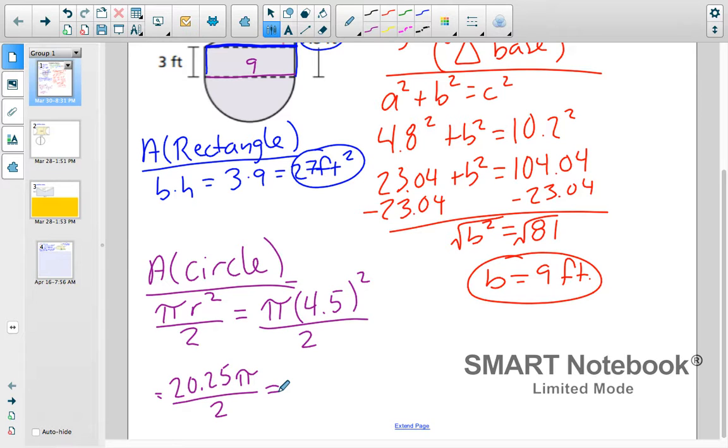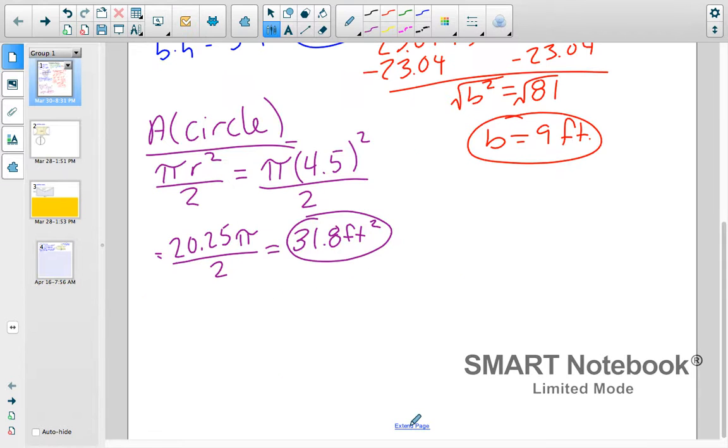In either case, you are going to get, rounded to the nearest tenth, right around 31.8 feet squared. Now, in order to find the total area of the composite figure, since all 3 pieces are shaded in, we just need to add together the 3 areas that we found.